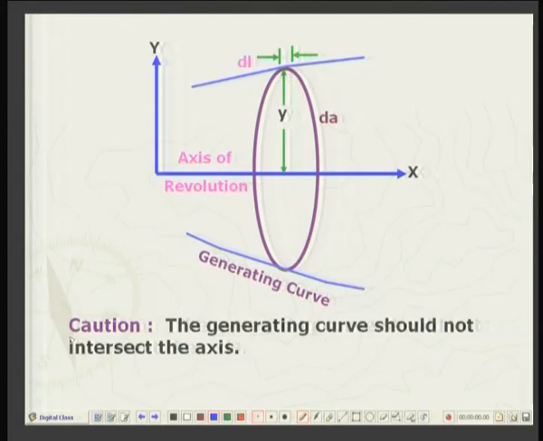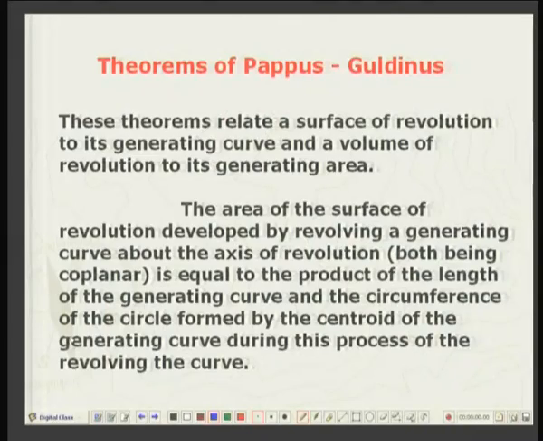Well, first I will take up the theorem which relates the surface of revolution with the centroid of the revolving curve. The theorem reads like this: the area of the surface of revolution developed by revolving a generating curve about the axis of revolution, both being coplanar.